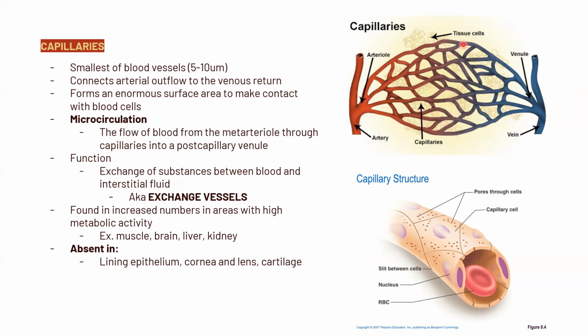Also known as exchange vessels. Usually, the exchange of substances between blood and interstitial fluid happens in your capillaries. Found in increased numbers in areas with high metabolic activity for the exchange. Examples would be muscle, brain, liver, and kidney, but absent in the lining epithelium, cornea, lens, and cartilage.